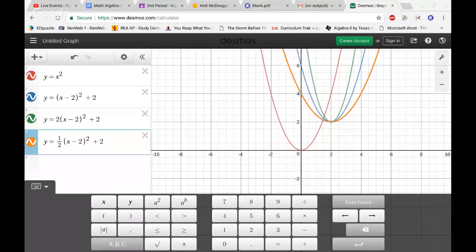Anyway, back to this. On the 2, which is the green line, it gets skinnier and kind of squishes toward the y-axis. So the A part of that formula, which I'm going to switch back to the formula for just a second.